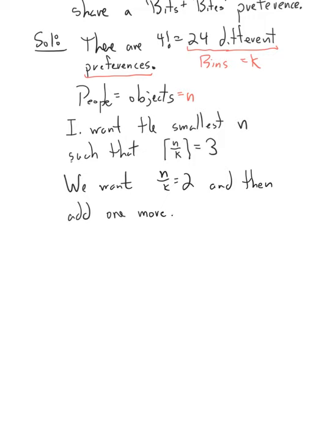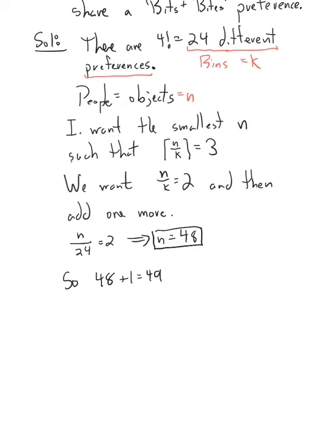So let's figure this out. We know K is 24. There are 24 bins. So N over 24 equals 2. And I think you can easily see that N is 48. So 48 plus 1 is 49. And the smallest N is 49.